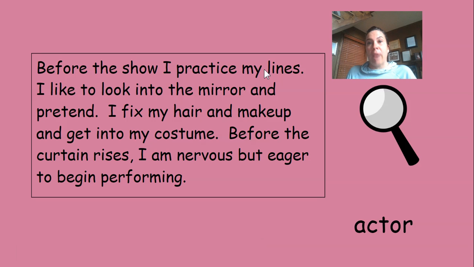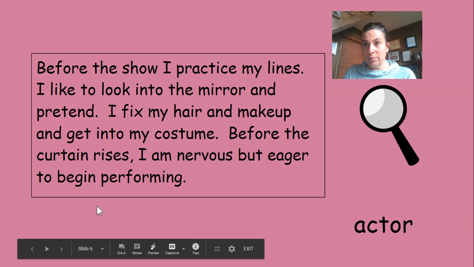When someone usually practices their lines, they're getting ready to act. They fix their hair and makeup. They wear a costume. And before the curtain rises, all of those clues help me know that this passage is talking about an actor. How'd you do? I'm sure you did a great job.